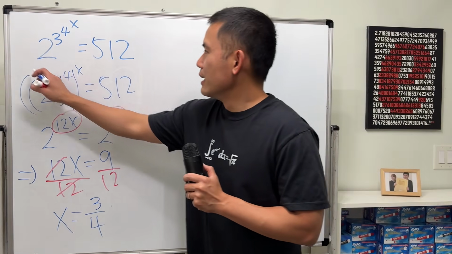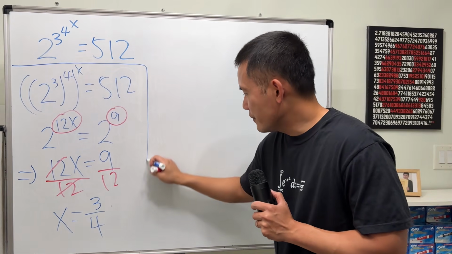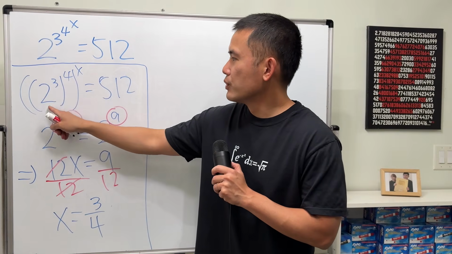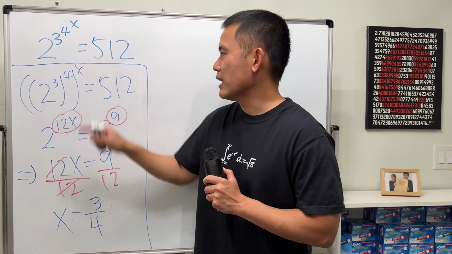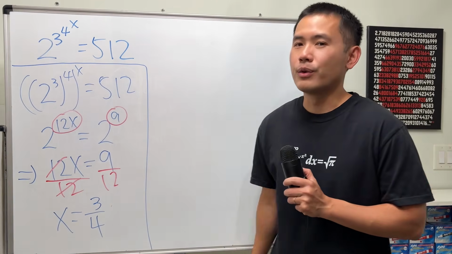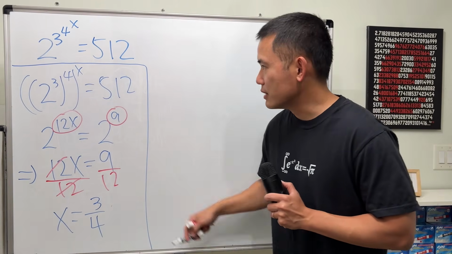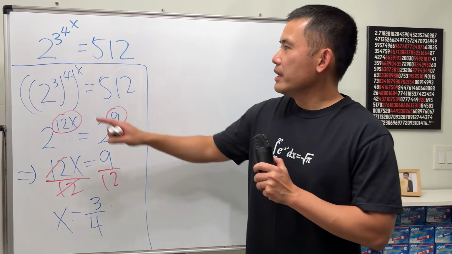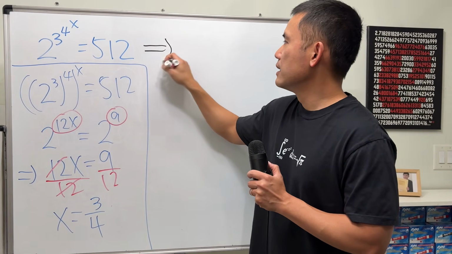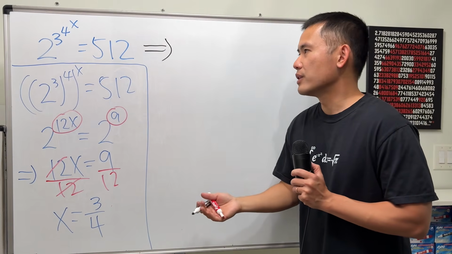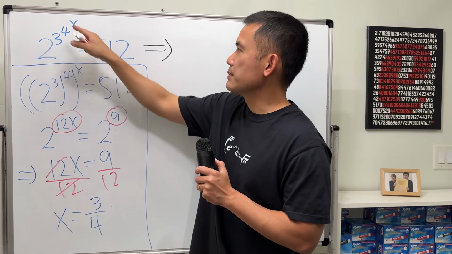However, that was only if the question was written like this: 2 to the third, and then with parentheses to the fourth, and then parentheses to the x power. Then yes, you can multiply it like that with the exponents. However, if the question was written like this, by the usual convention, we actually look at this exponent first.